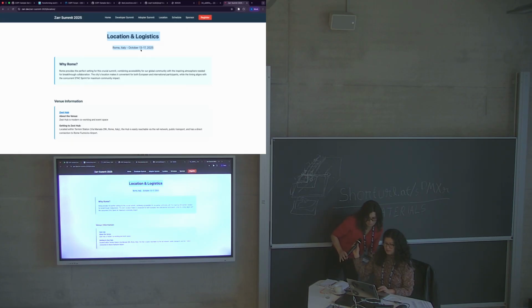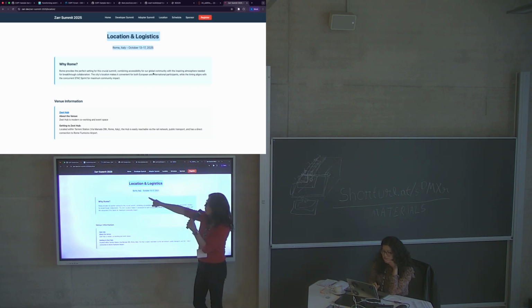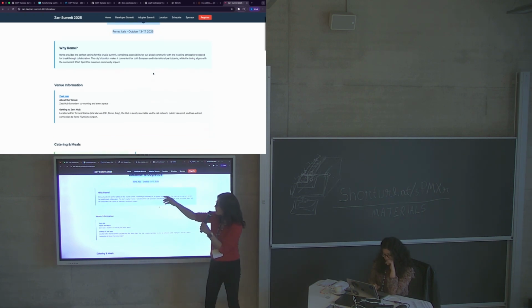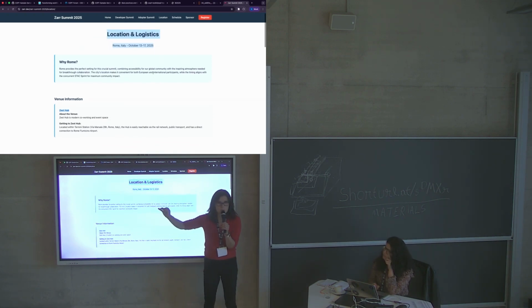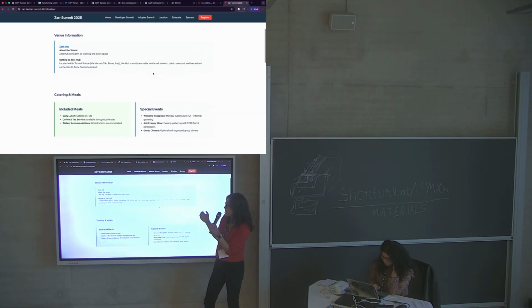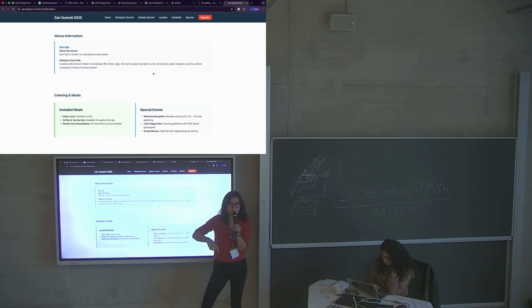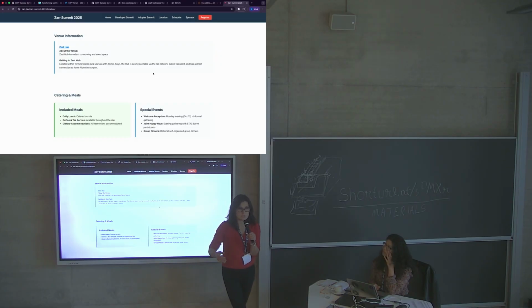So that's the Zarr Summit 2025 in Rome for 1 week, and the 13th, 14th, 15th is more like a sprint, but the 16th, 17th is more like a meeting, where they are trying to collect input from different users.